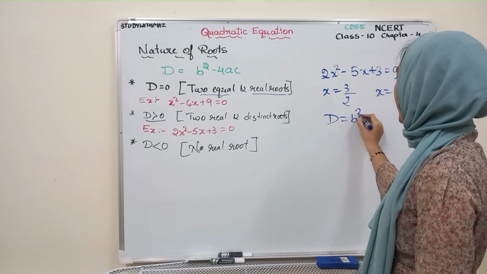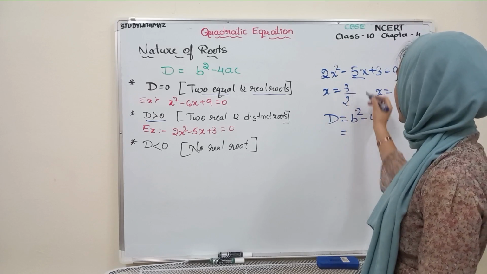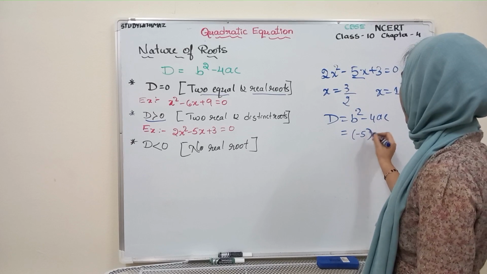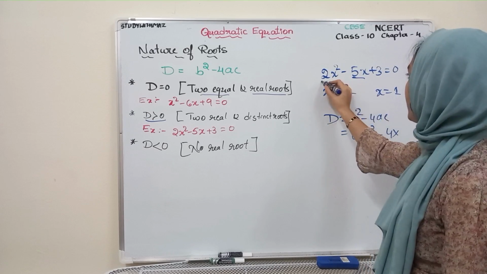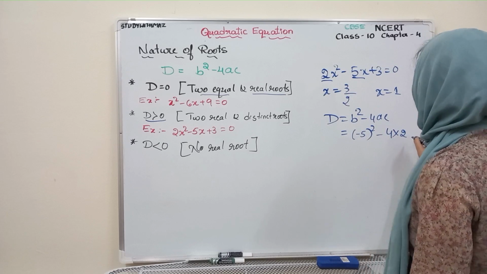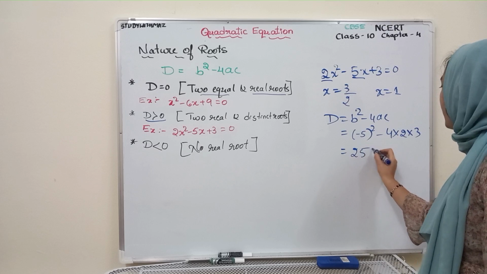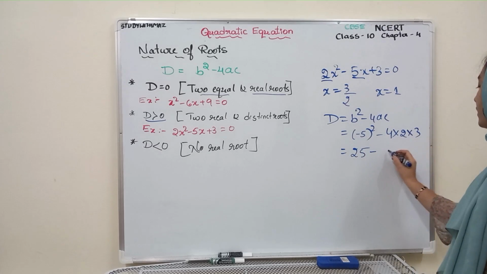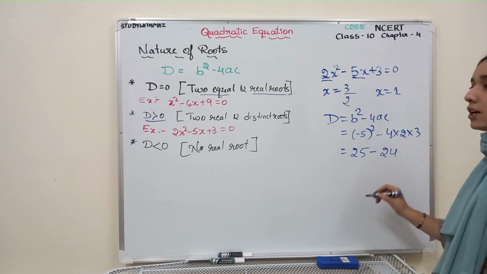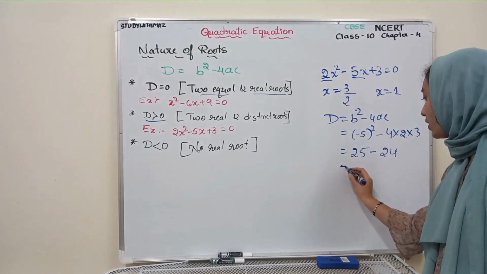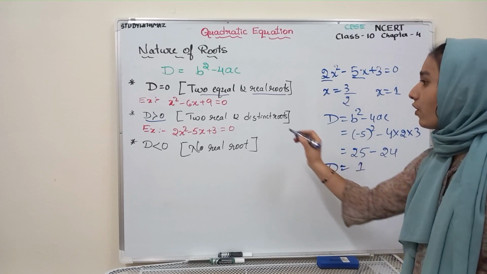It is b square minus 4ac. Your b value is minus 5 square minus 4 into a is 2 and c is 3. 5 5s are 25, 4 2s are 8, 8 3s are 24, 25 minus 24 is 1. So D value we got here is 1.